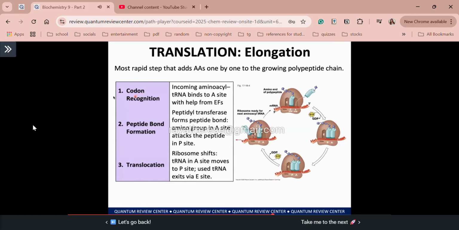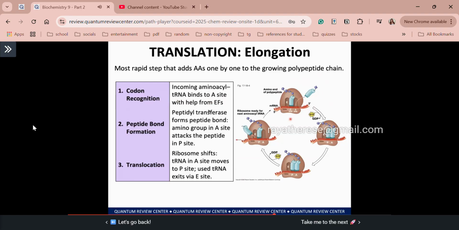This is the codon recognition, class, when your mRNA and your ribosomal subunits recognize that a tRNA is incoming. Of course, it will accommodate it in your A site, where your aminoacyl tRNA will bind to the A site with the help of the EFs, the elongation factors.